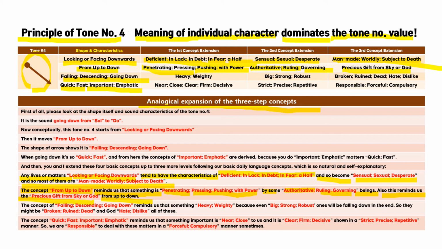So the next concept, the concept of falling, descending, and going down, reminds us that something heavy, weighty, is falling, going down, because even big, strong, robust ones will be falling down in the end.